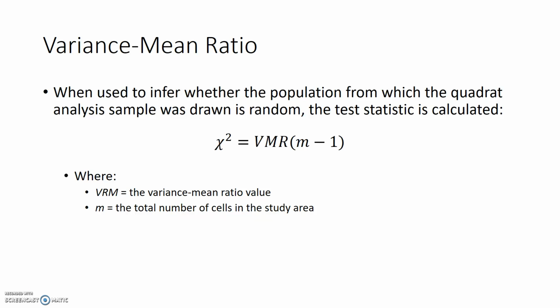In this case, we're going to use m as the number of cells in the study area. So notice we have m instead of n. N would be the number of points. In this case, we're using m, which is the number of cells in our study area, the number of boxes that we used to come up with this variance and this mean.